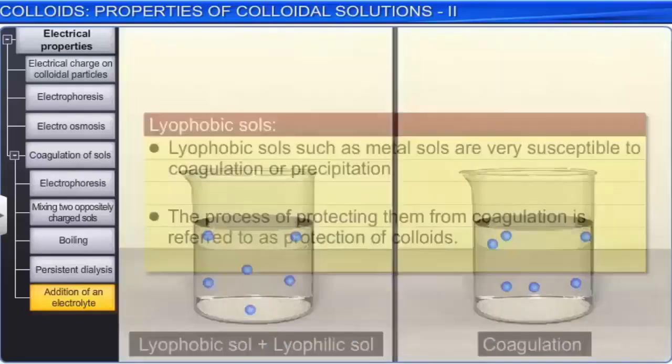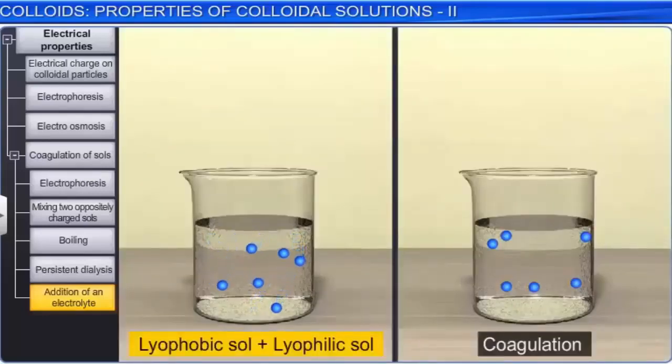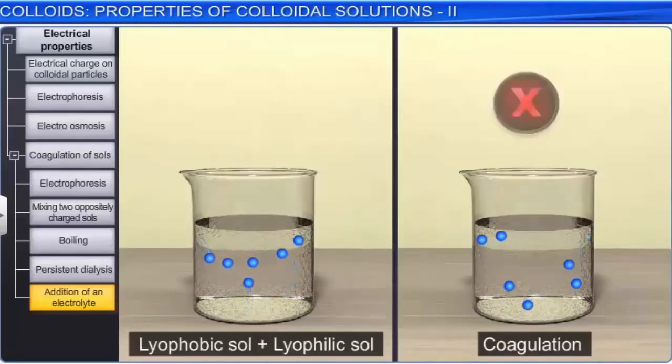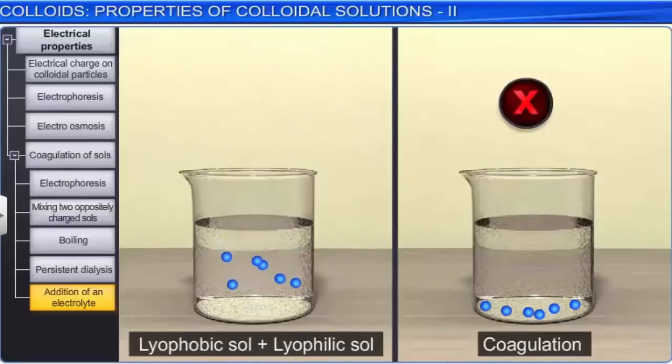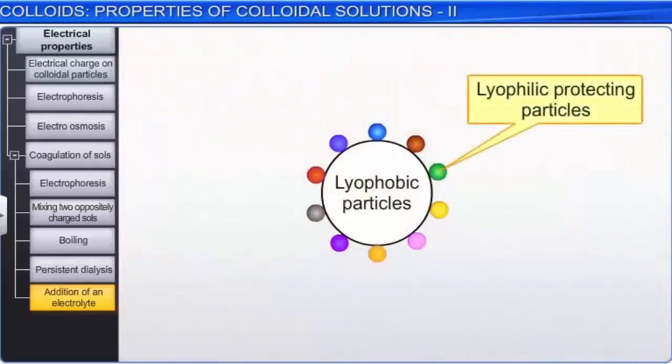It has been observed that in the presence of certain lyophilic colloids, lyophobic sols acquire greater stability. They do not get coagulated easily when an electrolyte is added. A layer of lyophilic sol particles around the lyophobic sol particles prevents them from coagulating.